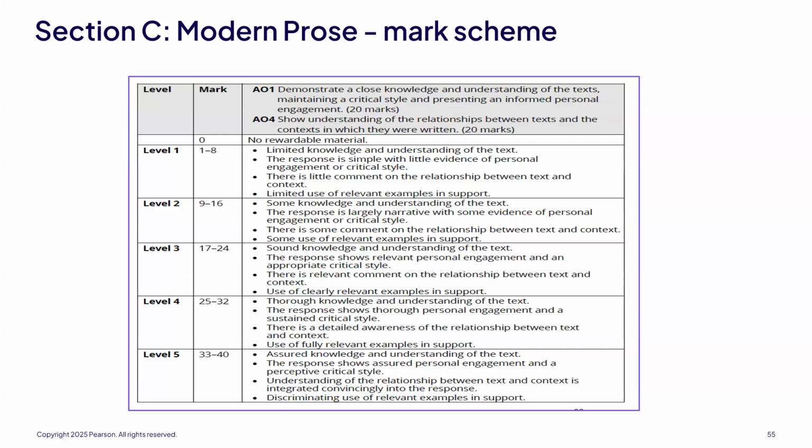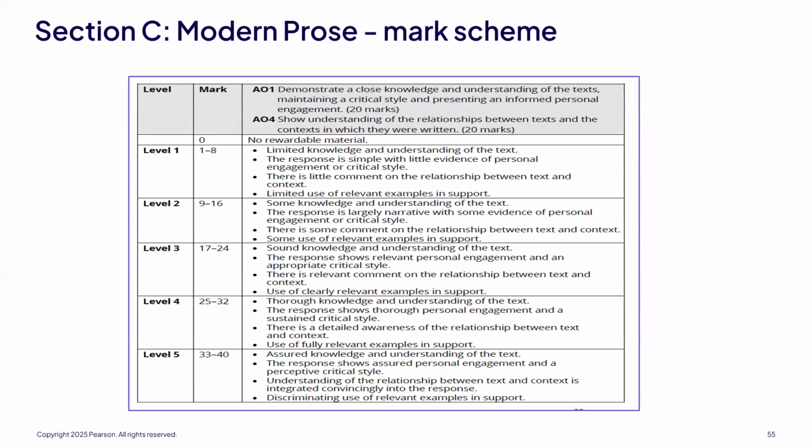And our third bullet point is about context, that relationship between text and context: little comment in level 1, some comment in level 2, relevant comment in level 3, detailed awareness in level 4, and it being integrated convincingly into the response in level 5.